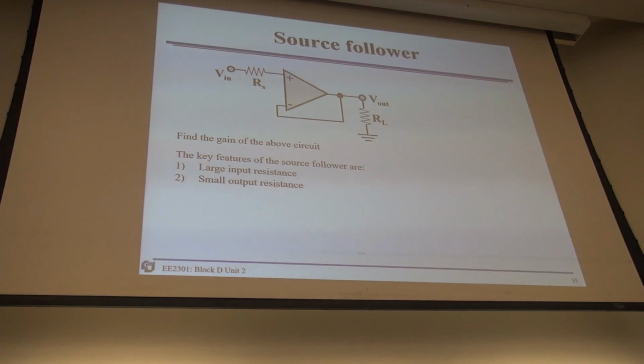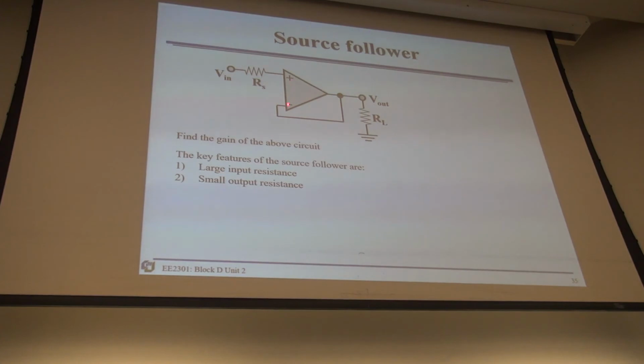You need to spend money to buy a better one. How to make the RS small, from the load's point of view? You cannot. If you connect directly without this thing, and RS equals RL, then you lose 50% of your amplification, right? So we want to make this small, but you cannot make it small.